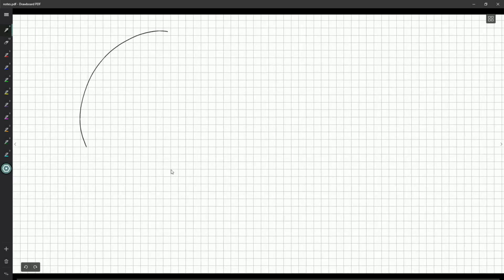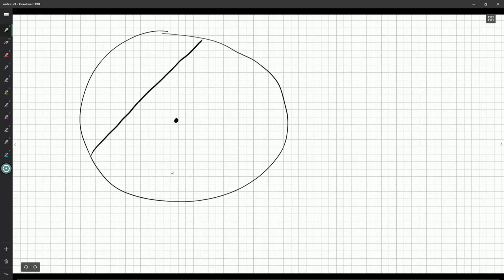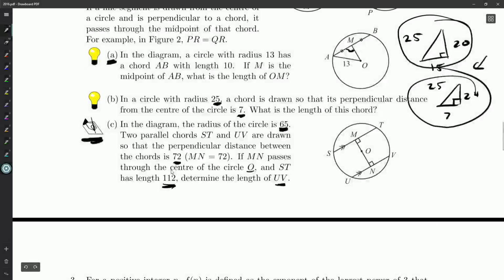So we got 2 parallel chords. They're not necessarily the same distance from O, so we could have ST be really close and UV still perpendicular but further away. But because they're... Actually, did they say... So circular radius 65, parallel chords drawn, perpendicular distance between them.